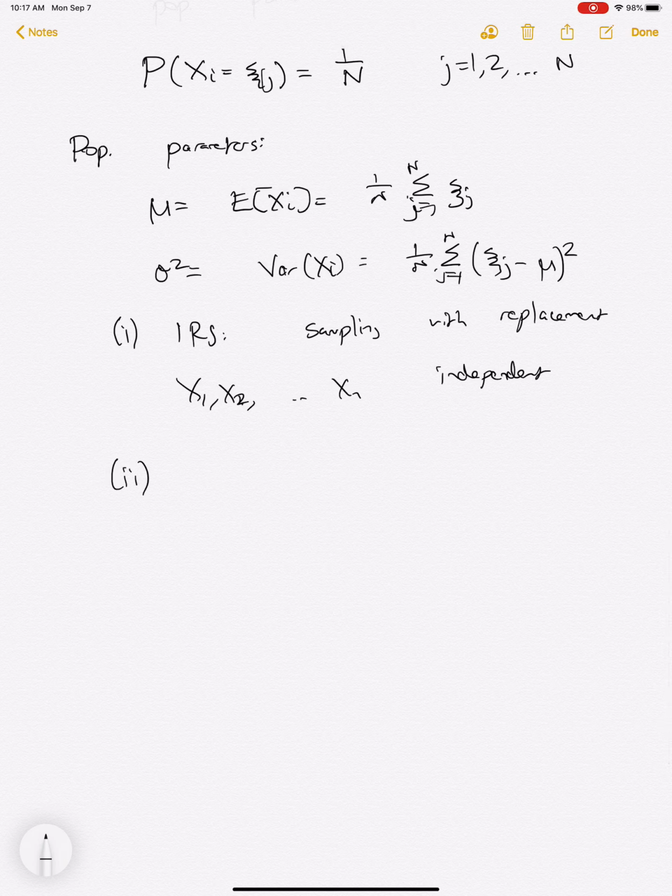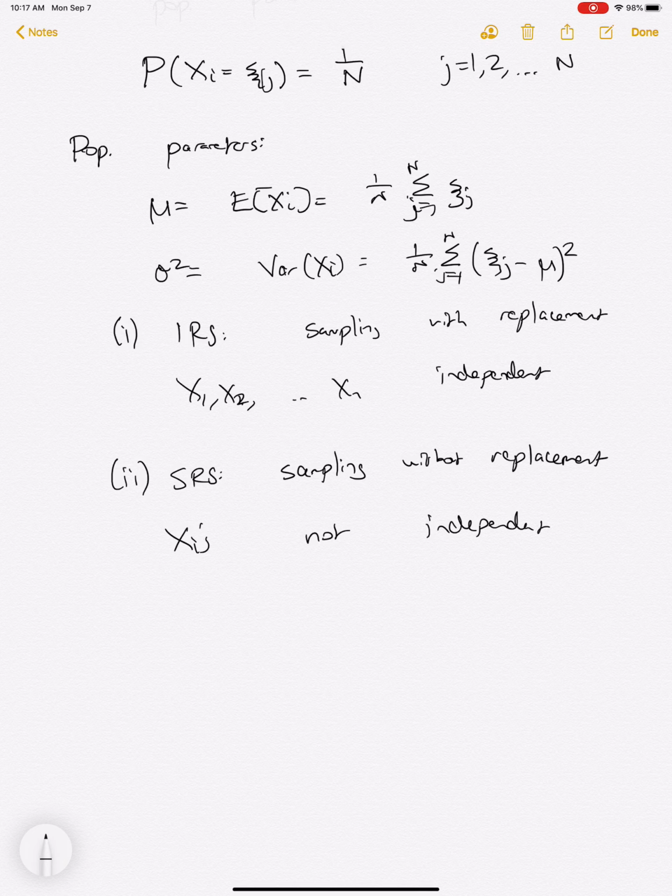The next notion of sampling, which is actually what's typically used in practice, is simple random sampling, and that's sampling without replacement. In this case, the xi's are not independent because you're essentially taking one person out of the population at each go.